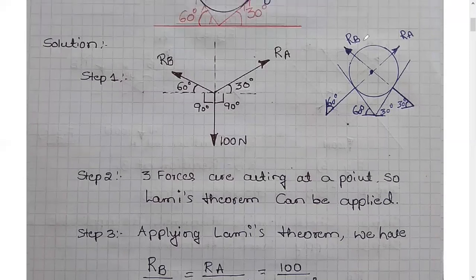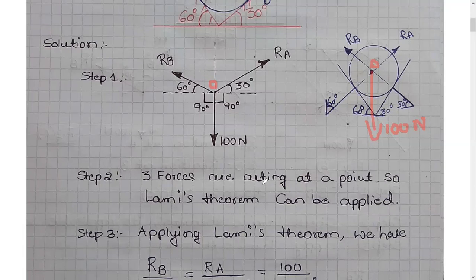This is the free body diagram of the figure, where I have represented RB, RA acting at a point, if I represent that as O, and there is a self weight of the sphere. The self weight of the sphere is given as 100 Newton, which I have represented here. Now three forces are acting at a point, so Lami's theorem can be applied.